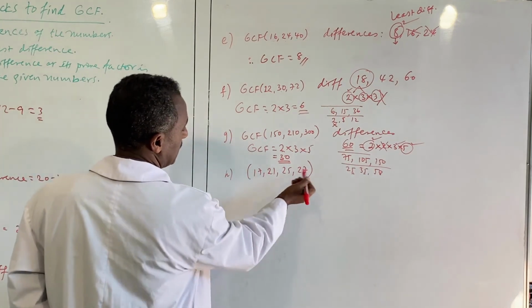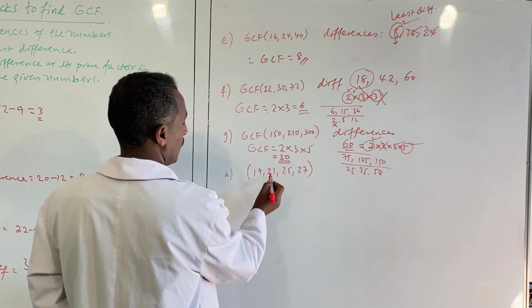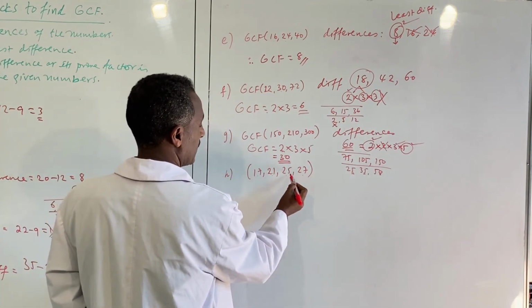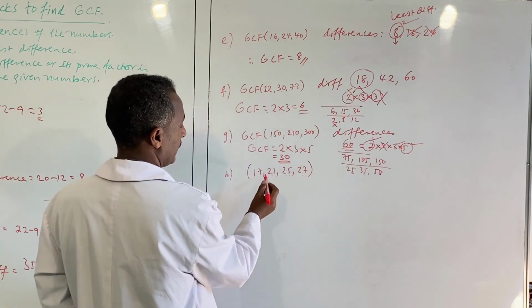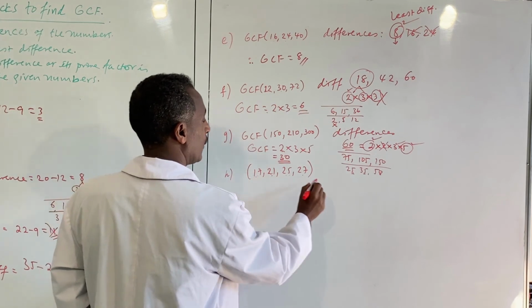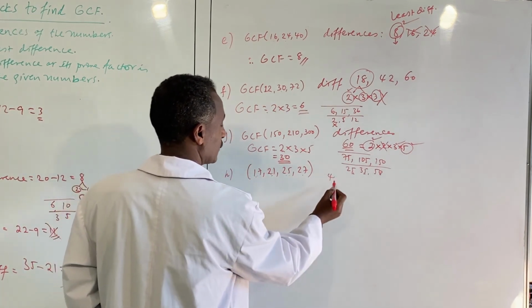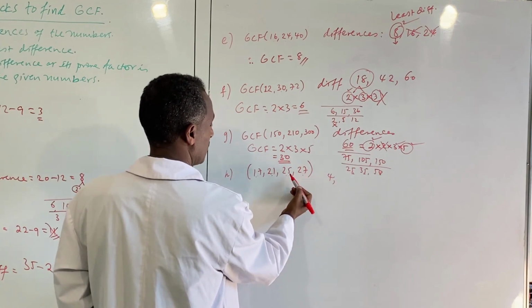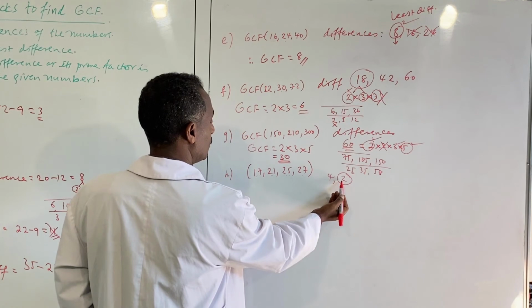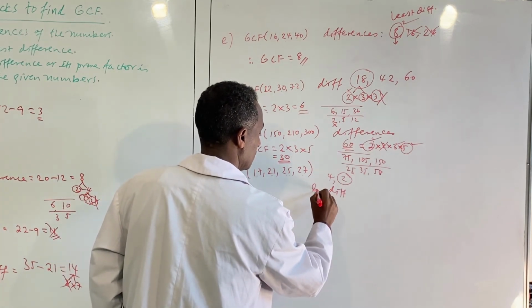So let us see this one. Let us see the differences. 21 minus 17 is 4. 25 minus 21 is 4 again. 27 minus 25 is 2. Which is the least? 2.